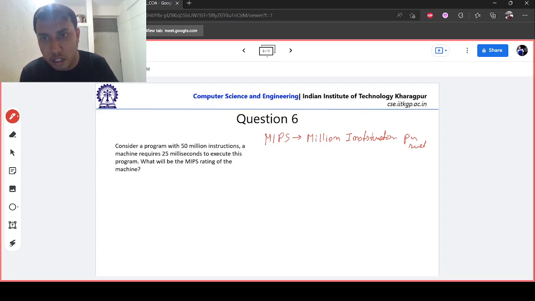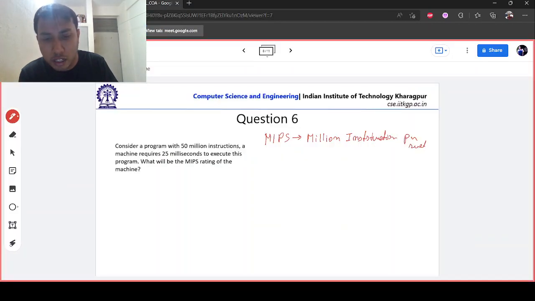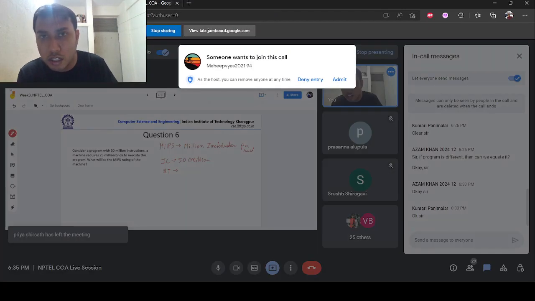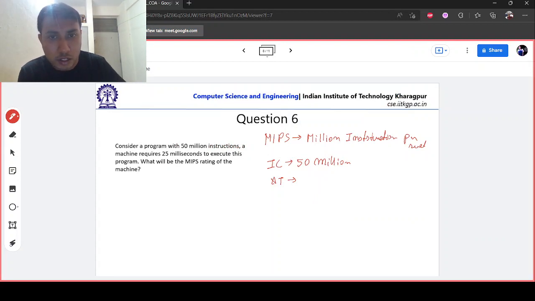So here it is given that the program has an IC count, the instruction count, of 50 million, and the XT is 25 milliseconds.